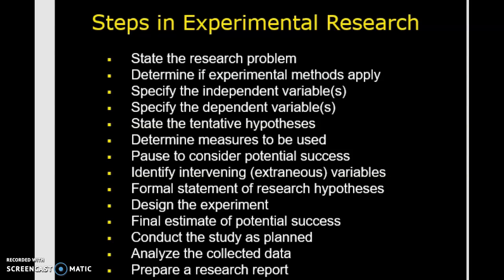The next important thing we need to pay attention to when doing experimental design is to delineate the variables. That's to clearly describe what the independent and dependent variables are. In one of the previous slides, I talked about the dependent variable as the outcome variable and the independent variable as the influencer.